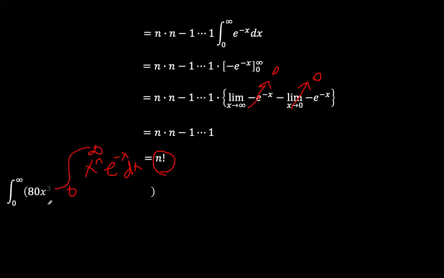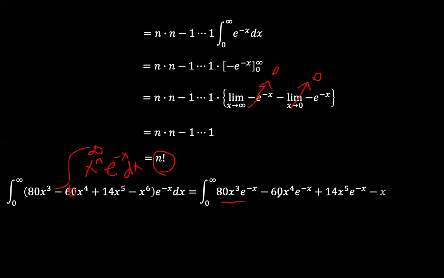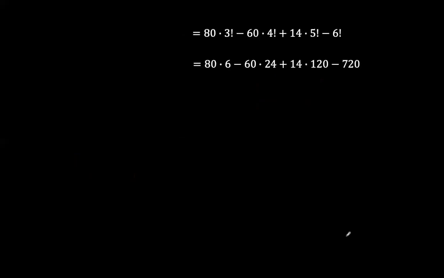So when we have this problem here and multiply e to the power negative x across, this is 80 times 3 factorial minus 60 times 4 factorial plus 14 times 5 factorial minus 6 factorial. 3 factorial is 6, 4 factorial is 24, 5 factorial is 120.